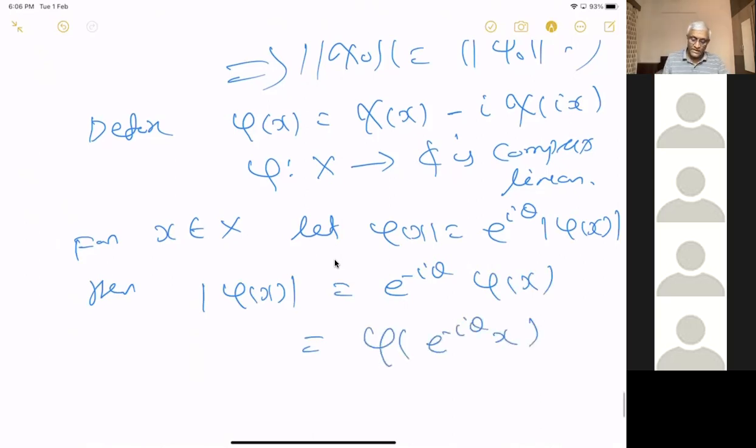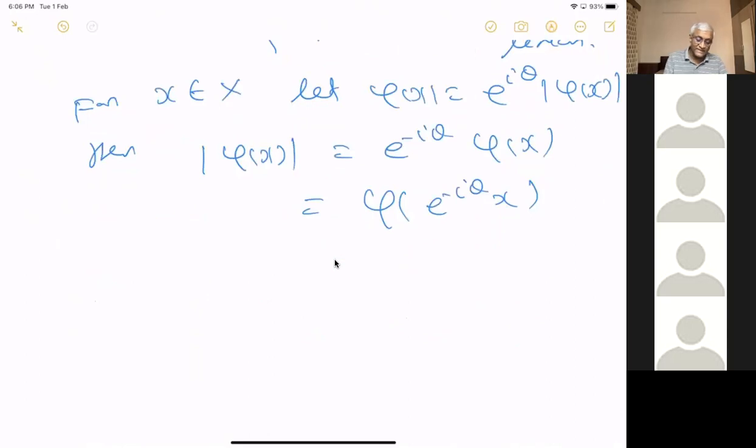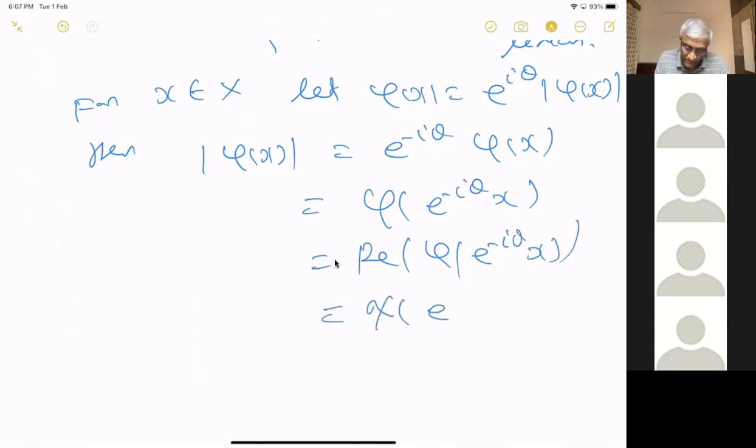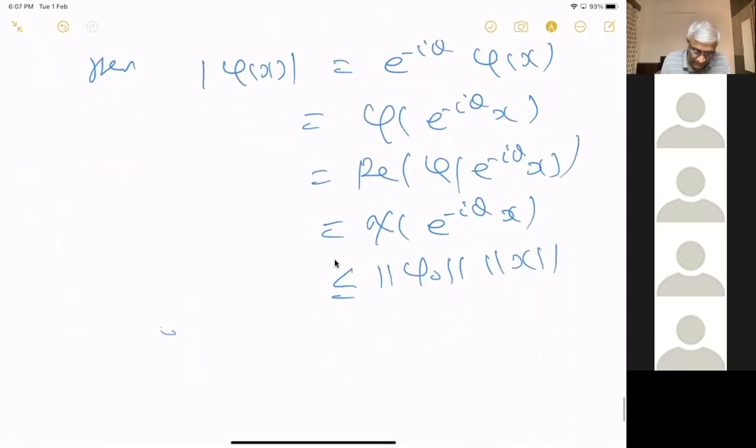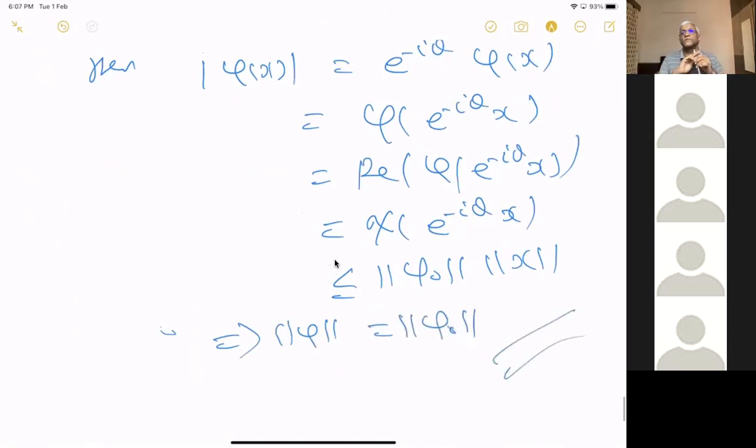But this is real, so it is also the real part of phi of e power minus I theta x, because it is the modulus. So this is equal to chi of e power minus I theta x. But we have already proved that this is less than or equal to norm phi naught times norm x. So this implies norm of phi is less than or equal to norm phi naught. The theorem is proved.